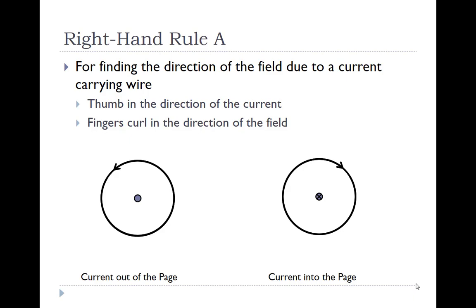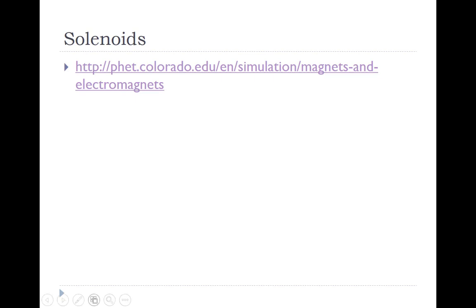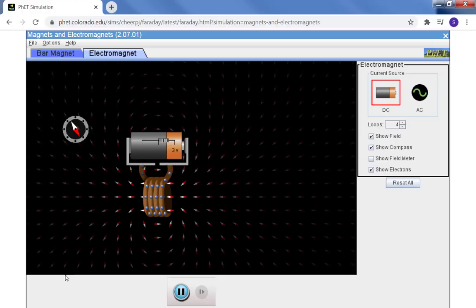Once the connection between electricity and magnetism was found, it immediately began to be exploited, and one of the very first electromagnets developed is known as a solenoid. If you open this simulation, you see this.